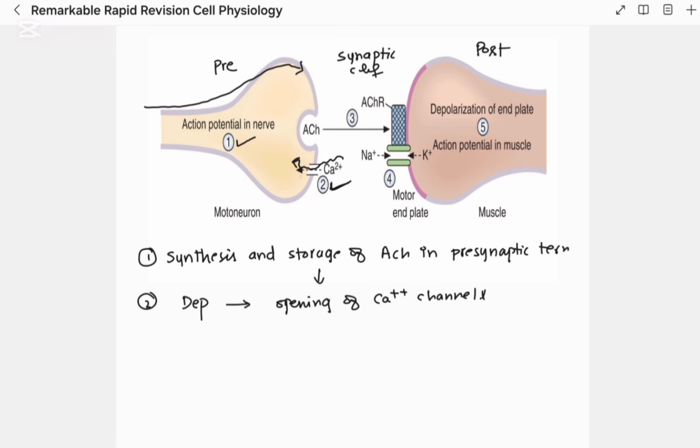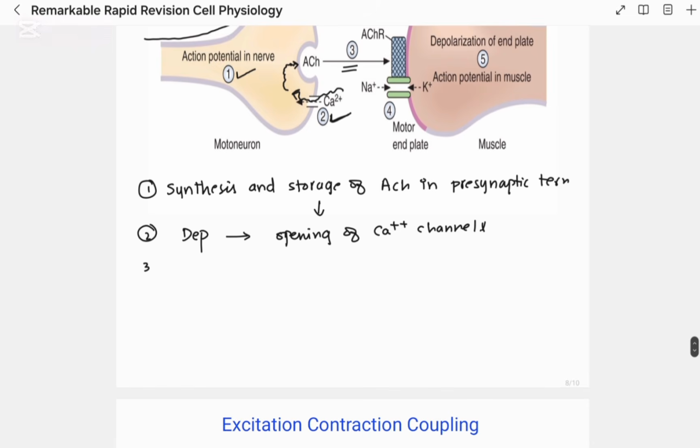In step 3, these calcium channels will cause the release of acetylcholine in the synaptic cleft. So in step 3, after the calcium uptake, there will be release of acetylcholine in the synaptic cleft.